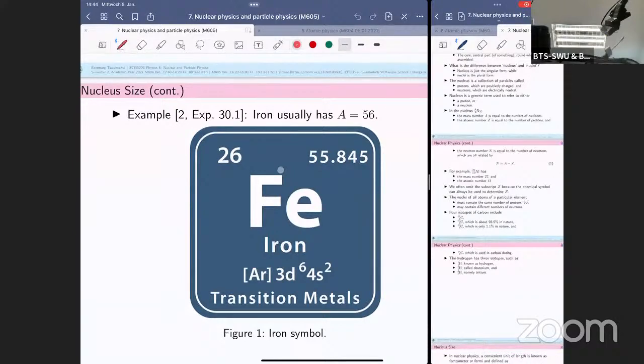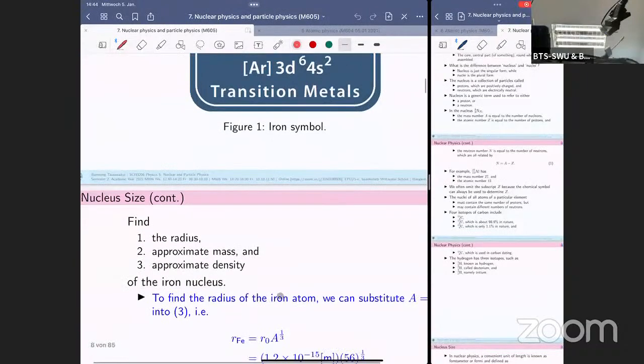It's quite a big element. Here is the electron configuration: 3d6 and 4s2. Iron is a transition metal.